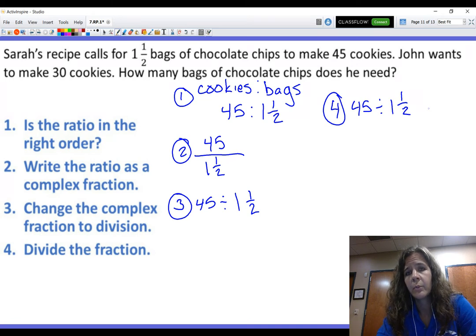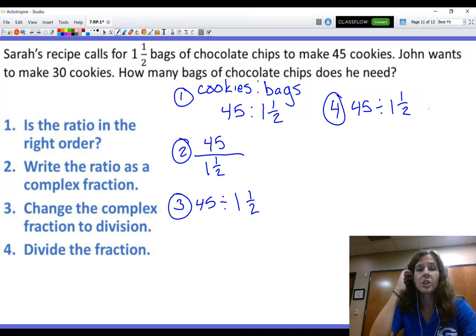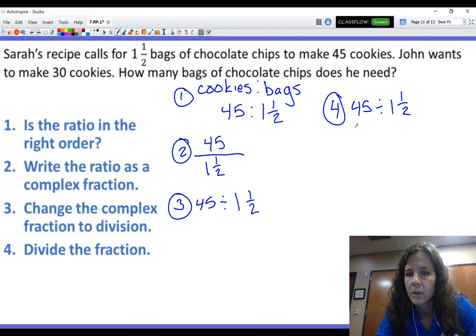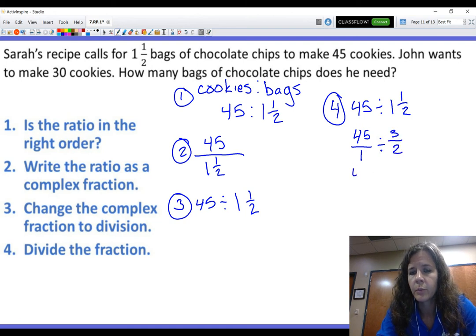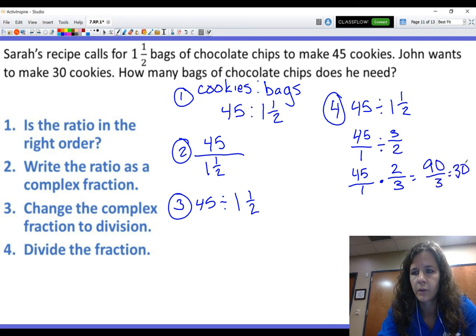We can't divide by mixed numbers, and we can't divide whole numbers by fractions without first changing them to improper fractions. So let's go. 45 is the same as 45 over 1, and 1.5 is the same as 3 halves. So I'll multiply the first fraction times the reciprocal of the second, 2/3. 45 times 2 is 90. 1 times 3 is 3, and that's the same as 30.